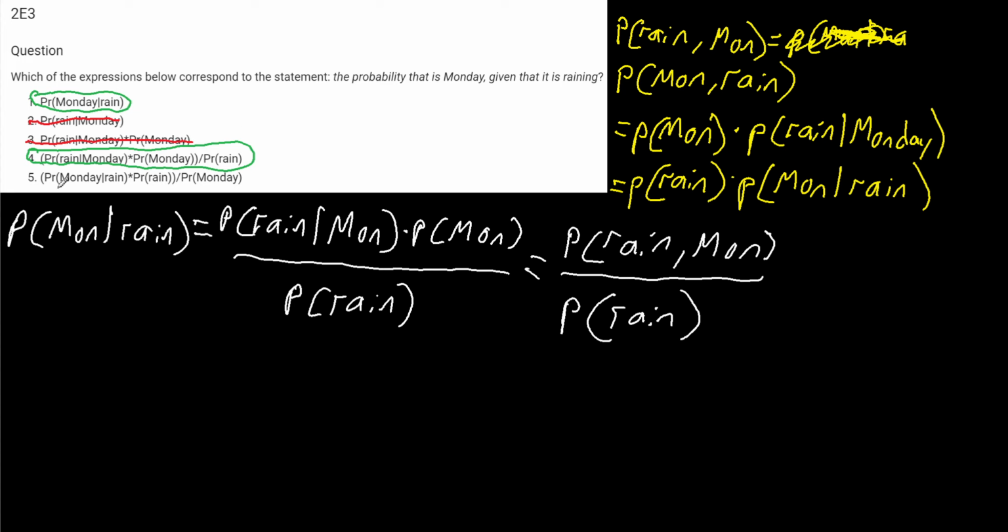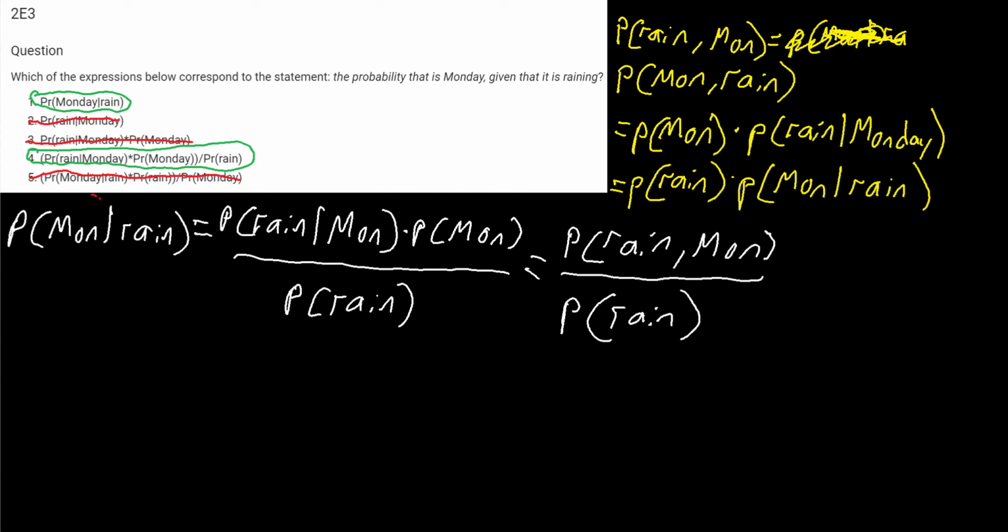Finally, option number 5 here, the probability of Monday, given that it is raining, times the probability of rain divided by the probability of Monday. You'll notice that this is basically just flipping the two events from the previously correct answer. So this is incorrect, but this is also a statement of Bayes' theorem. What is the conditional probability that number 5 is representing?